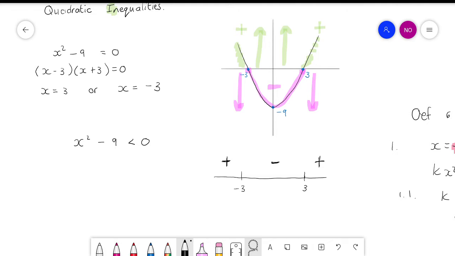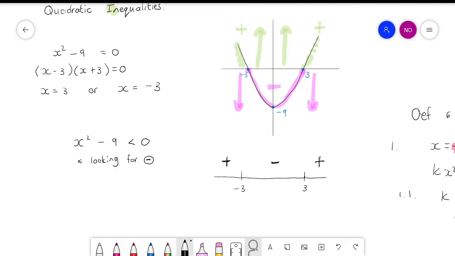Okay, now I'm back to the question. I'm looking for the values where x squared minus 9 is smaller than 0. What is the sign of a number that is smaller than 0? Negative. So do you agree I'm looking for negative?